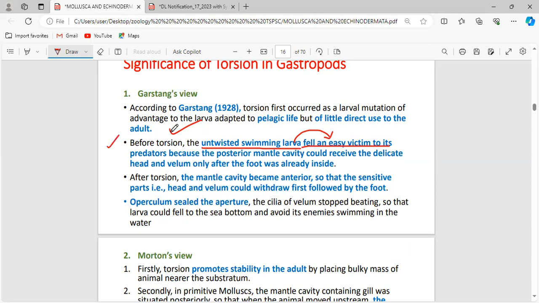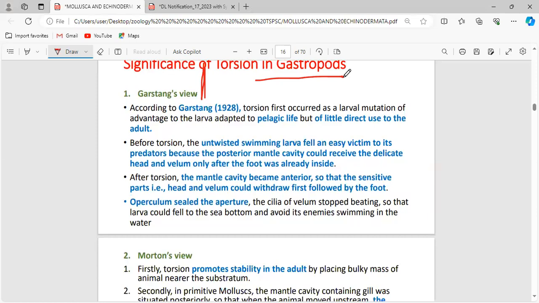The most important point is that before torsion, where the digestive tract is in a straight line, the larva was very vulnerable because of the posterior mantle cavity, which received the delicate head and velum only after the food was already inside. Because the mantle cavity is on the posterior side, it can't sense any predators in front of the organism.